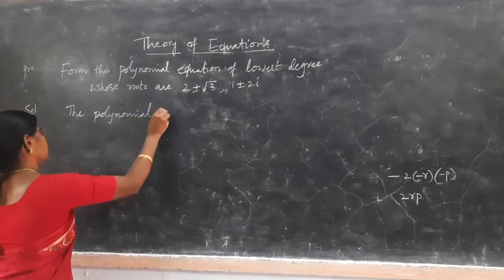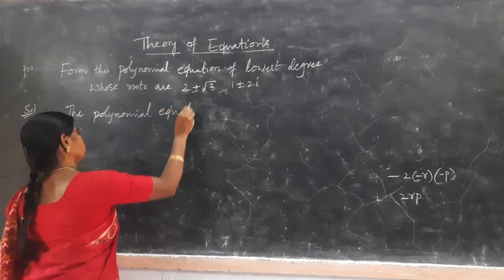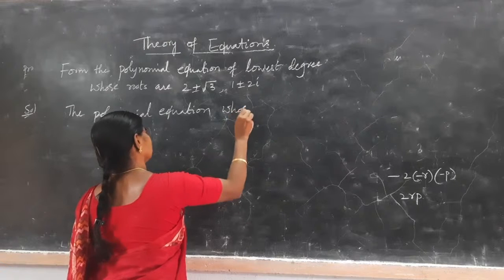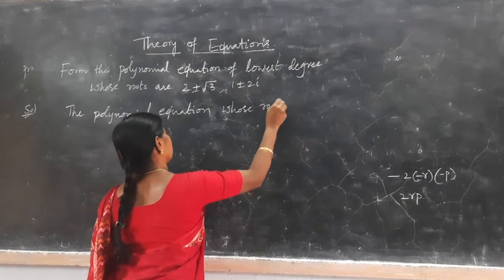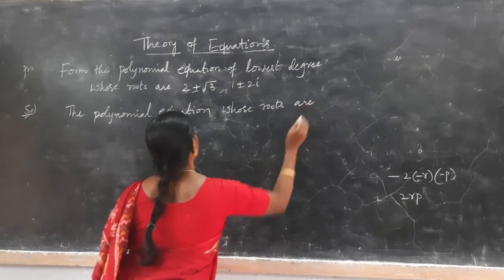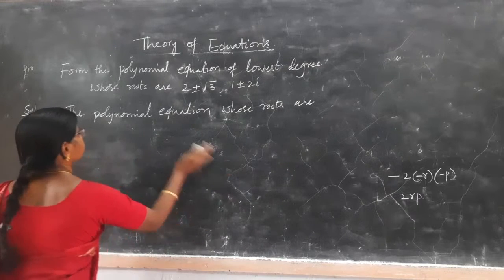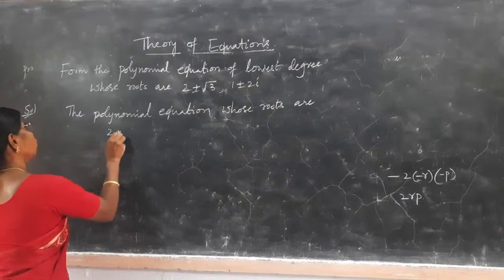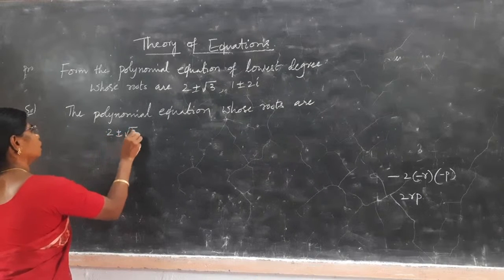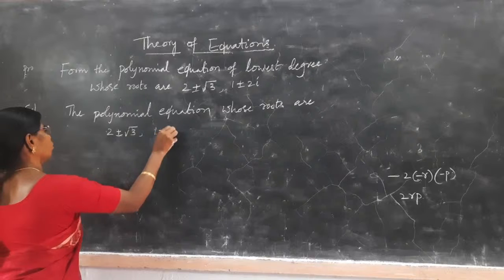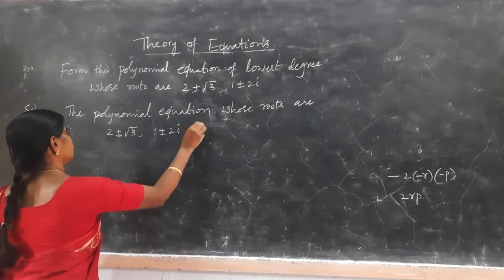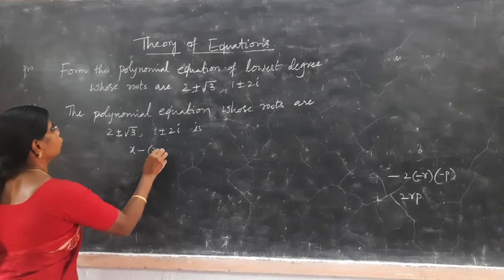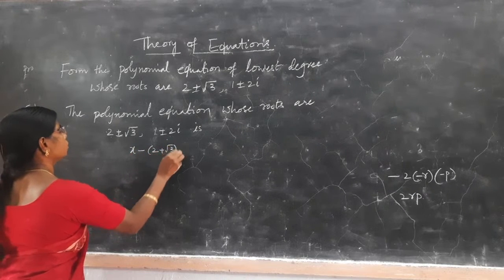The polynomial equation whose roots are 2 plus root 3, 2 minus root 3, 1 plus 2i, 1 minus 2i is very simple. As I said, x minus (2 plus root 3).